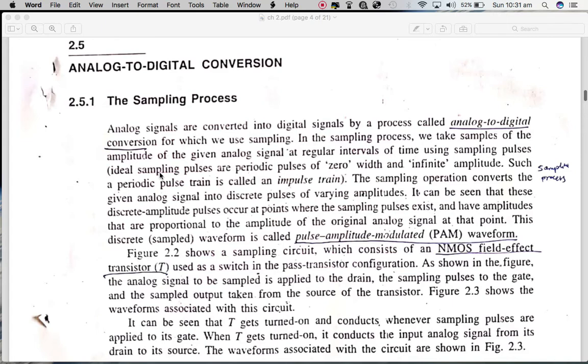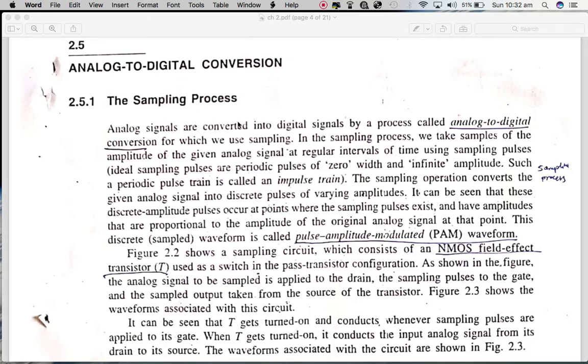Firstly, I will be opening up my discussion with A to D conversion, and afterwards I will be following this sampling process discussion. What is A to D conversion? It is a process in which an analog signal is converted into a digital signal, and for that we have two processes.